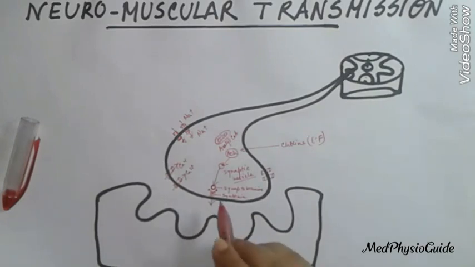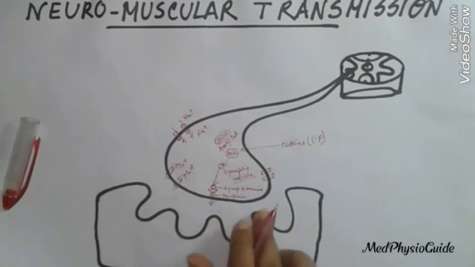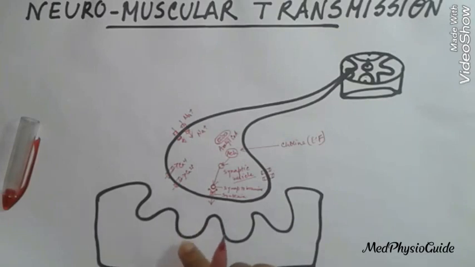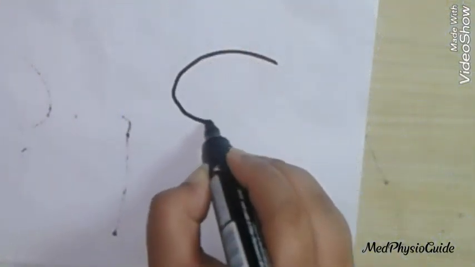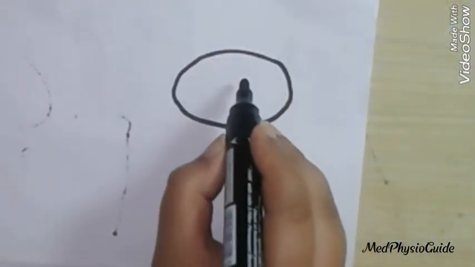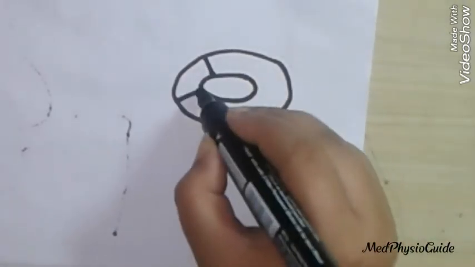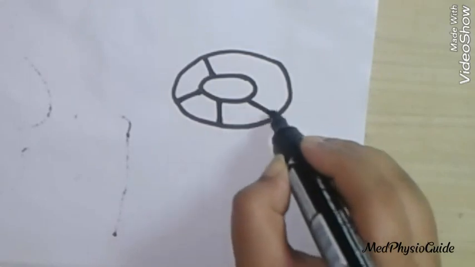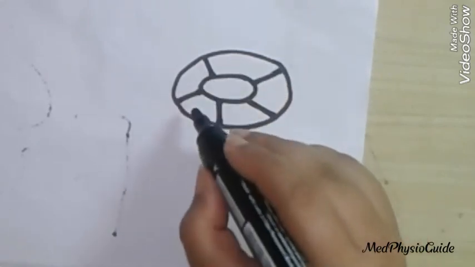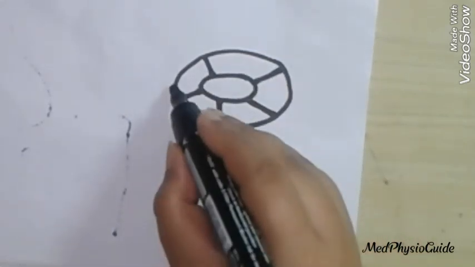Okay, so the acetylcholine comes out and goes to the muscle membrane, and at the muscle layer there are some pentameric proteins present, which are known as nicotinic cholinergic receptors, because they are choline receptors as well as nicotine receptors. Okay, so these receptors look like so. They are pentameric proteins, so they have 5 proteins.